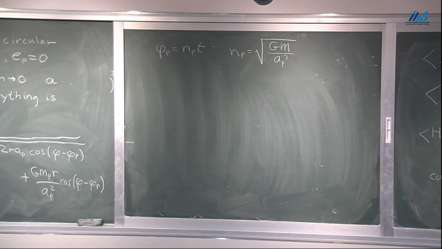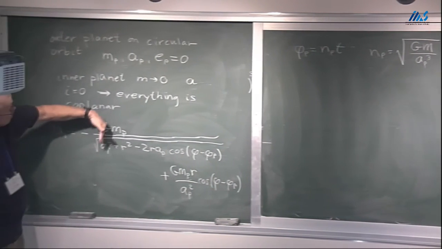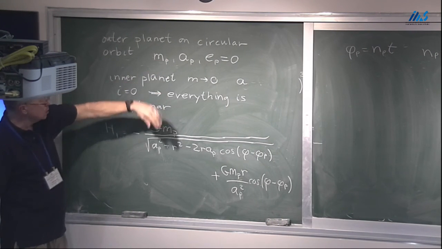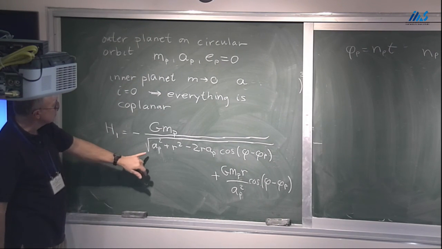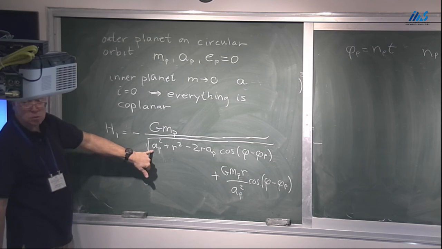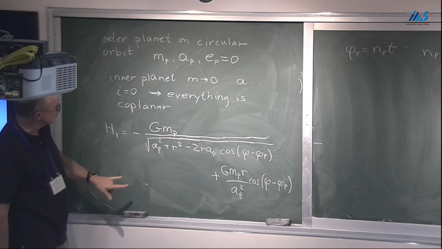In the case of Lidov-Kozai oscillations, we were assuming that the outer perturber was a long way away, so you could expand this in a Taylor series. In this case, I'm not going to assume that. The planets can be reasonably close together.